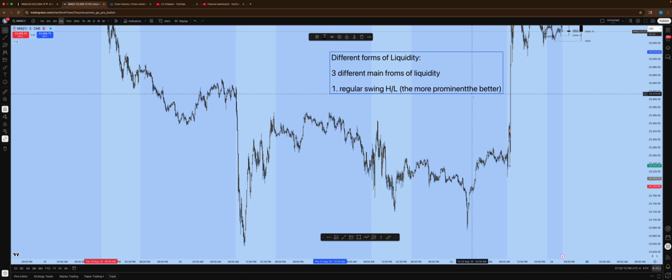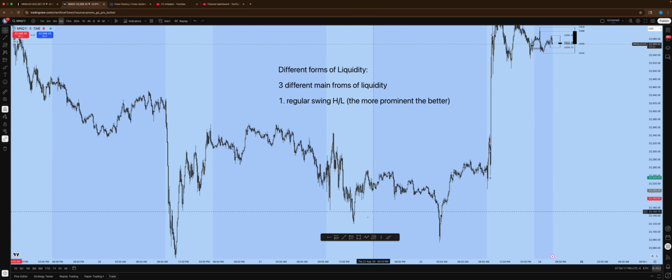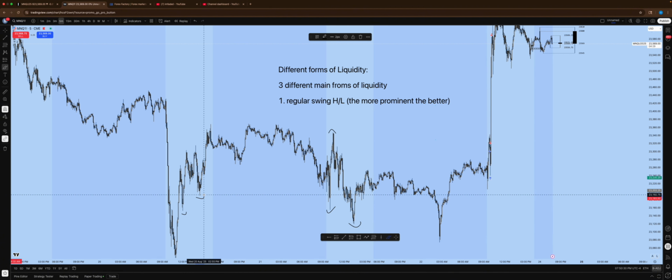Now, let me show y'all what a swing is. So, a swing is just any high like this, or low like this, or this, or this. Any swing low you see in the market, that's a form of liquidity. And obviously, some are going to be better than others, but I'll get into that in a bit.